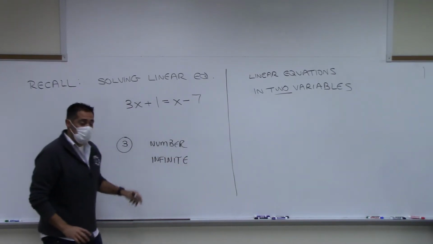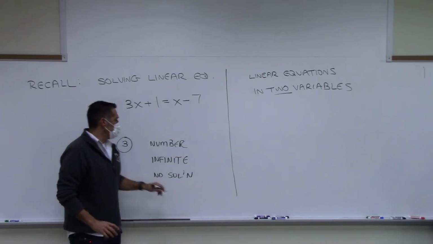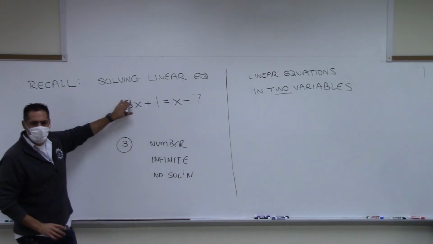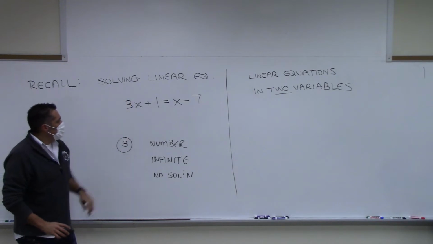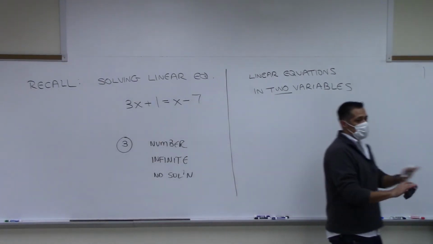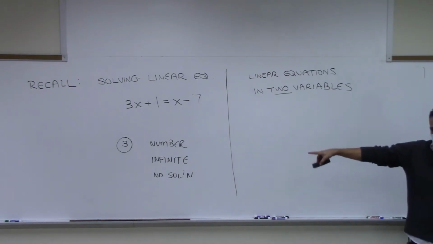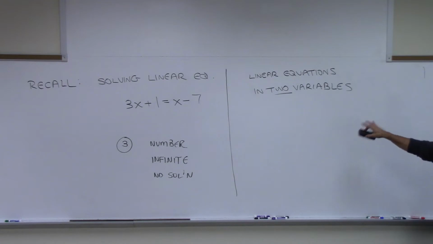Infinite solutions, or we could have no solution. Those were the three different possibilities when we're dealing with a linear equation. Here with a linear equation in two variables, everything is different, okay? Everything changes. We no longer have this happening. So let's look at a basic example first, and then we'll talk about why it's not that anymore.